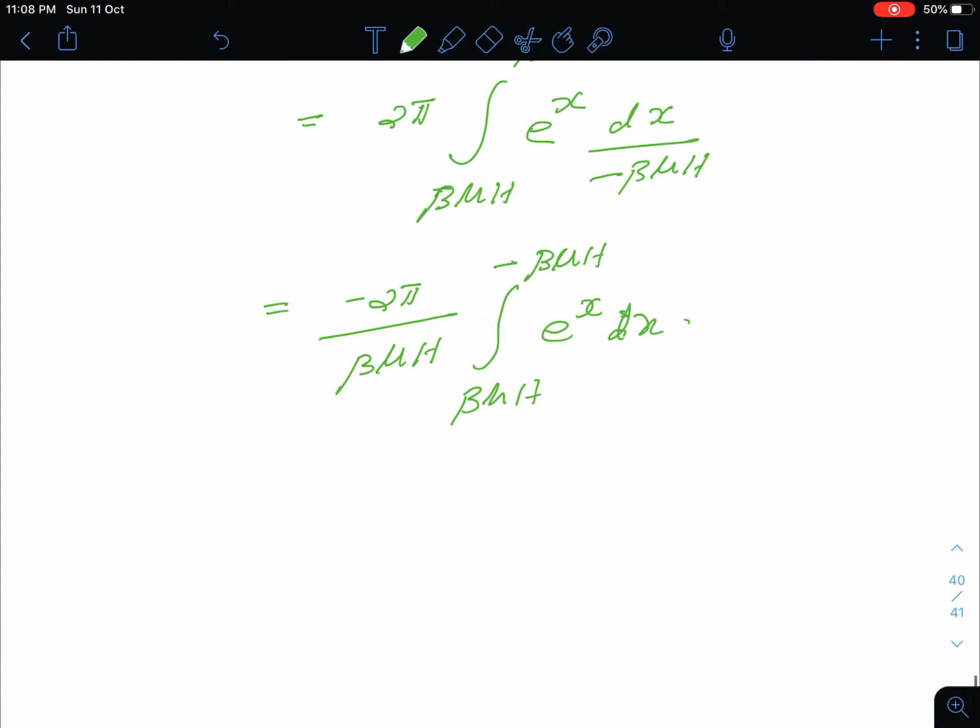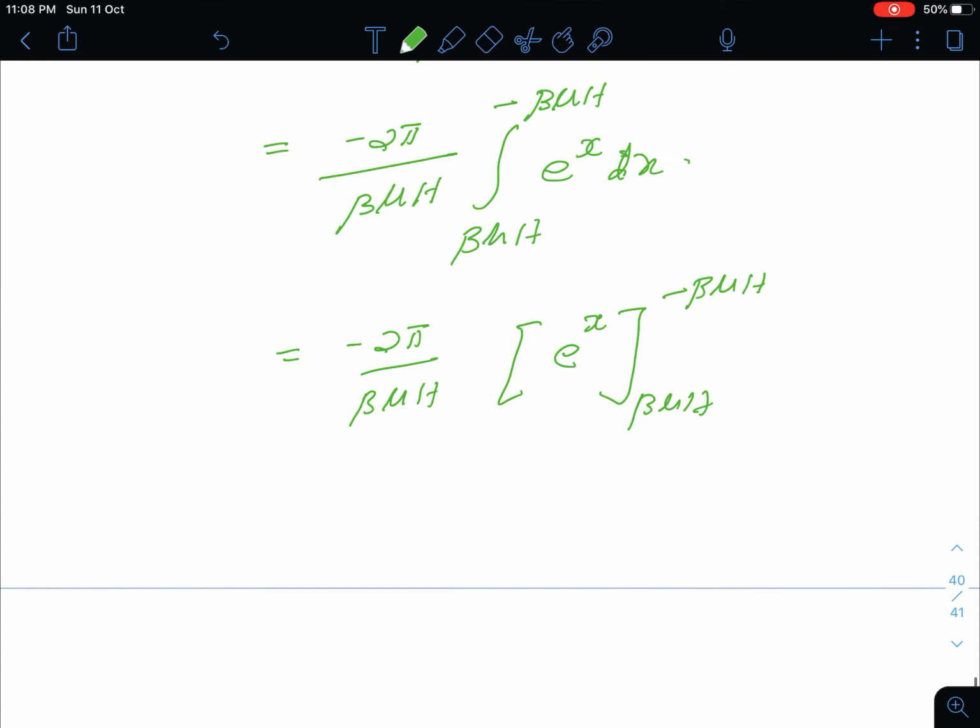The integral of e^x dx is straightforward, so that is minus 2 pi by beta mu h times e raised to x between beta mu h and minus beta mu h. So that is minus 2 pi by beta mu h times e raised to minus beta mu h minus e raised to beta mu h.